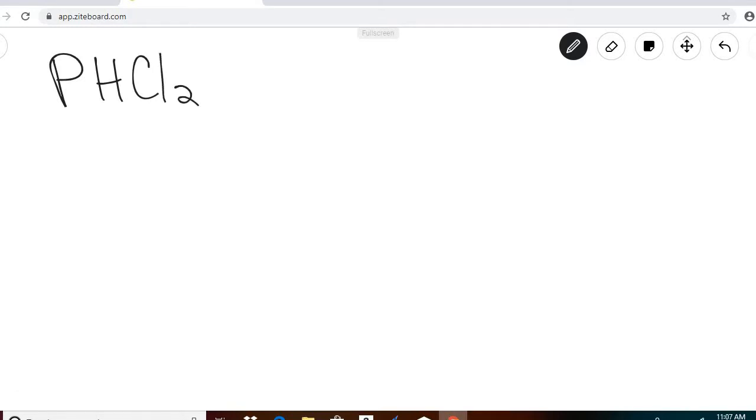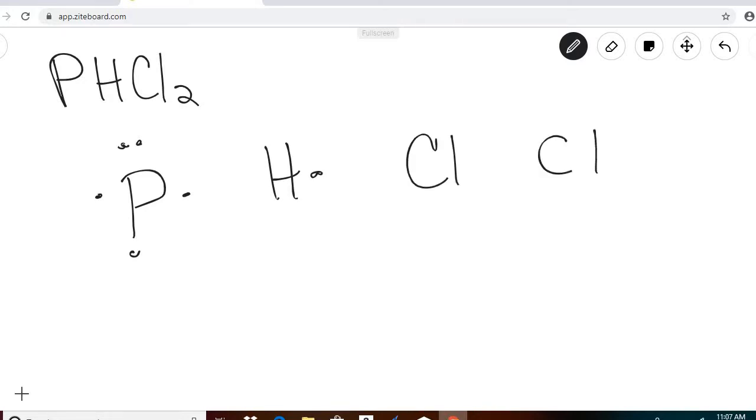Phosphorus is in group 5A, so it has 5 valence electrons. Hydrogen has 1, and then we have 2 chlorines, and each chlorine is going to have 7.